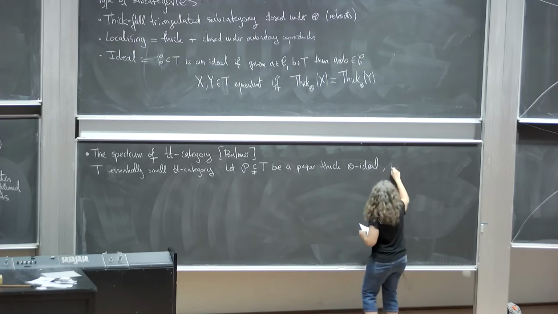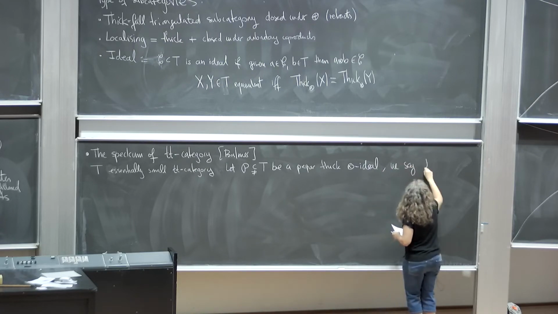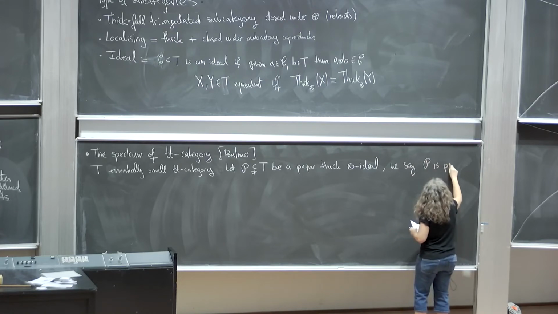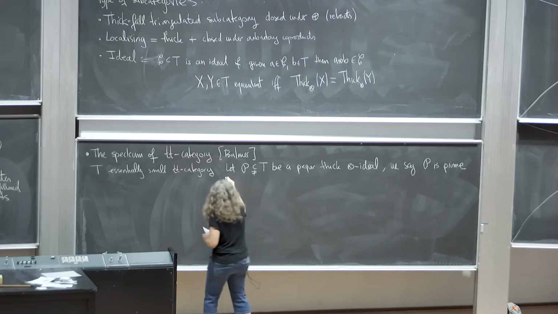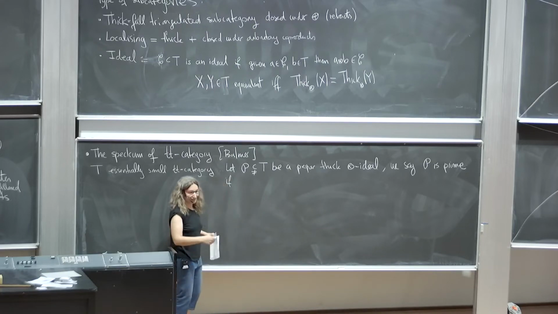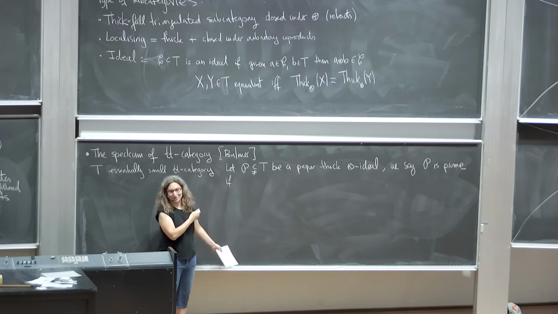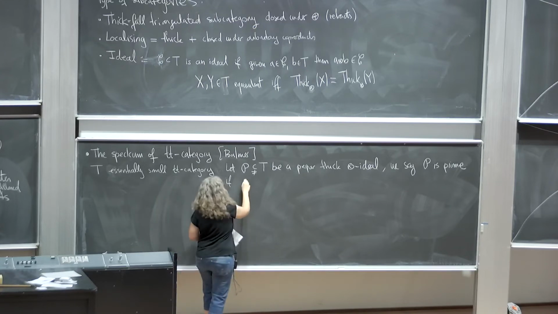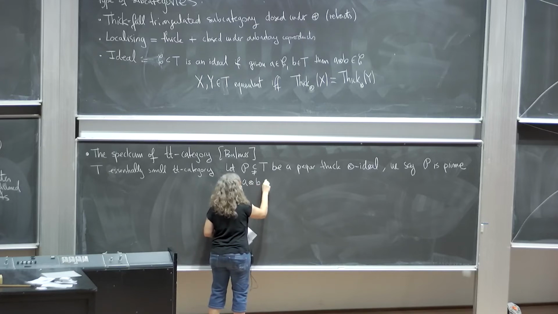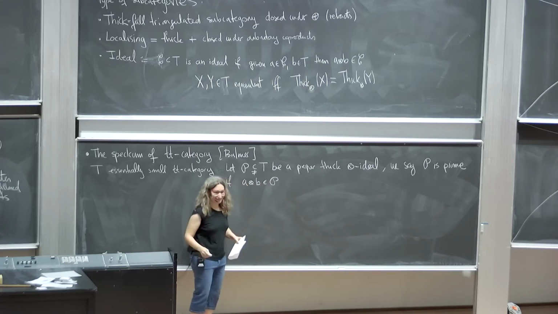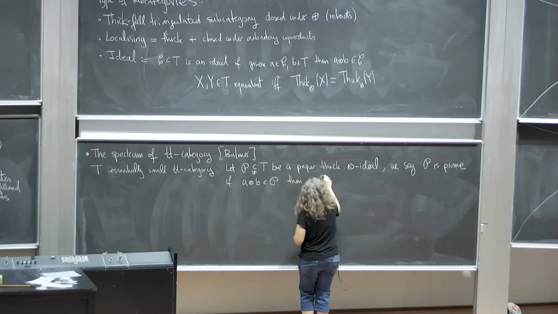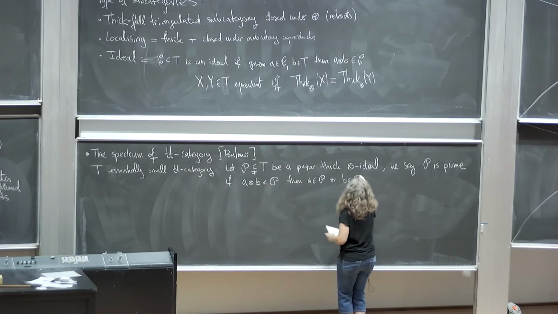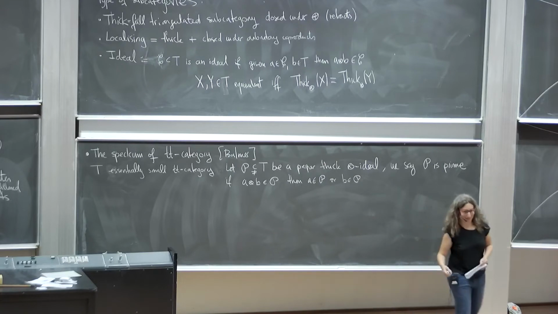We say that P is prime if the following is satisfied, and you could tell me the definition right now: if you have a tensor B inside P, then A is in P, or B is in P. I mean, you could have given me this definition, right?